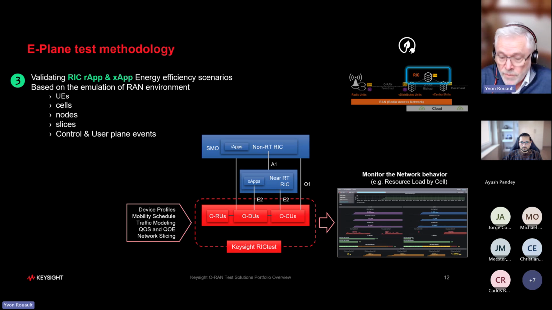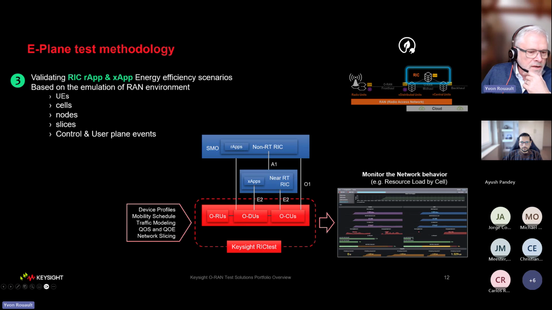Last but not least is the RIC, a very important element of an O-RAN architecture. So basically, the RIC provides two levels of real-time and non-real-time infrastructure to run applications. At the near real-time, basically the xApps can reconfigure and play with the configuration of the DU and the CU, typically through the E2 interface.